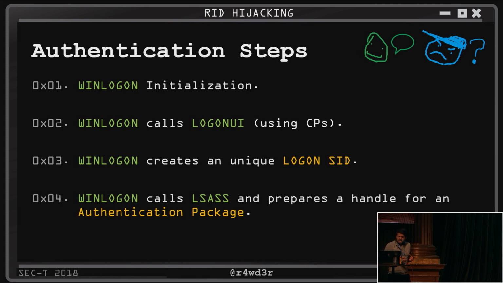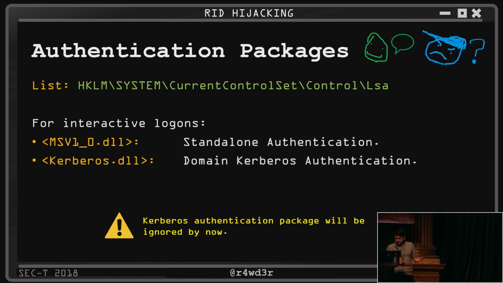In this case, it uses the AuthUI credential provider, but it could be another one if another type of authentication is attempted. With this info, Winlogon creates a Winlogon SID, and this SID will be added to the access token if the logon attempt succeeds.